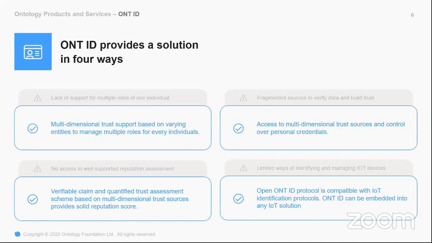Also, the open Ont Id protocol is compatible with IoT identification protocols. In this case, we can have our project serve different systems, not only web systems, but also Internet of Things systems.